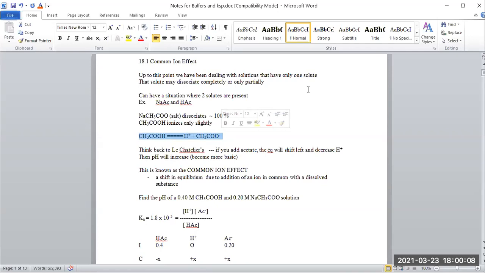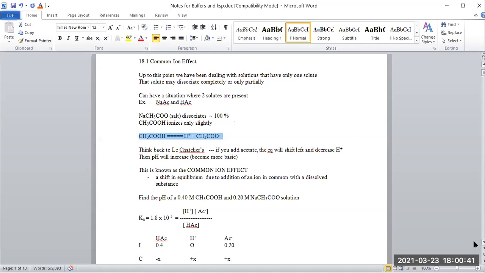It'll make your pH more basic. Maybe not super basic, it's probably not going to get up to 14 or anything like that, but it's going to make it more basic. So this is referred to as the common ion effect. You shift your equilibrium because you dumped something else into an already dissolved substance, and they had something in common. In this case, it's the acetate ions that are the common effect.